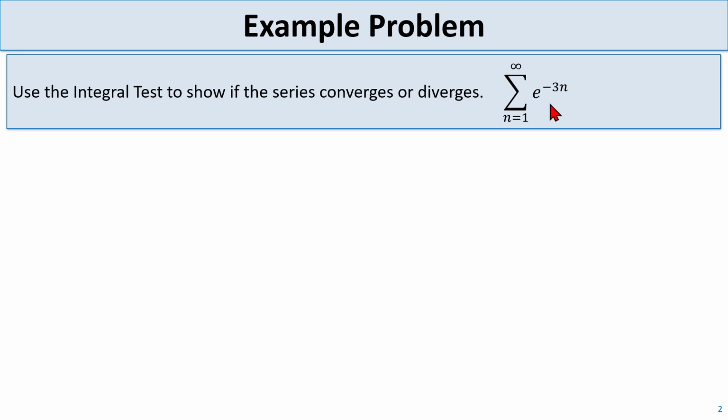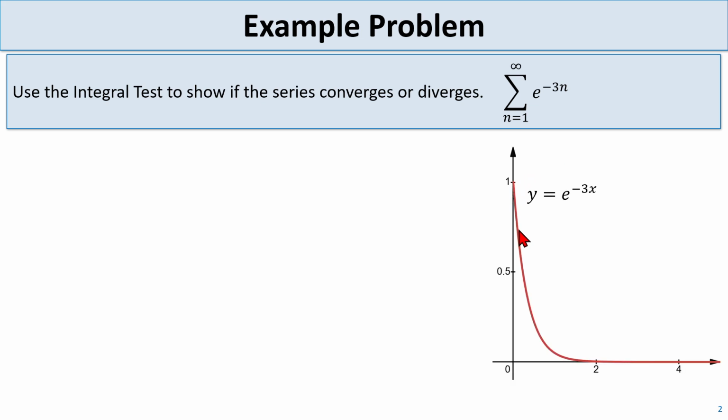If the terms start decreasing quickly enough, it's going to converge. If they decrease too slowly towards 0, then it can diverge. E to the negative 3n is a function that's decreasing very, very quickly. It's called exponential decay, and so I expect this to converge. But we're actually going to show it converges using the integral test.